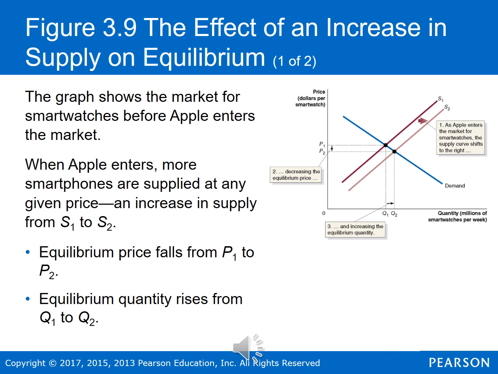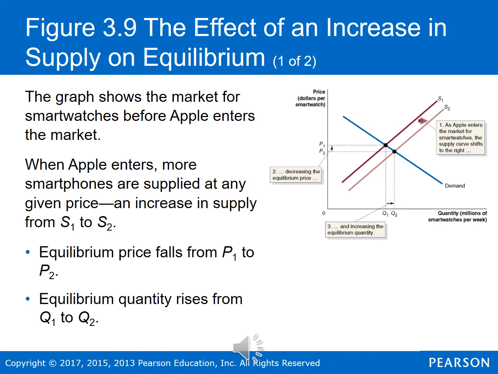So here we have an example of the effect of an increase in supply on the equilibrium. Now the graph shows the market for smartwatches before Apple enters the market. So the initial price was at P1 and the initial quantity was at Q1. That was the equilibrium price and quantity. So when Apple enters the market, more smartwatches are supplied at every given price.